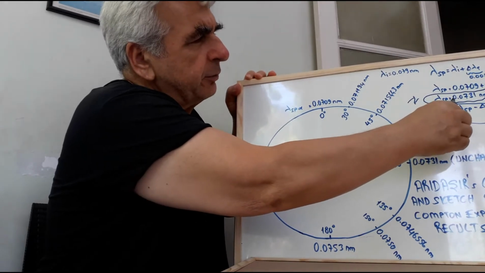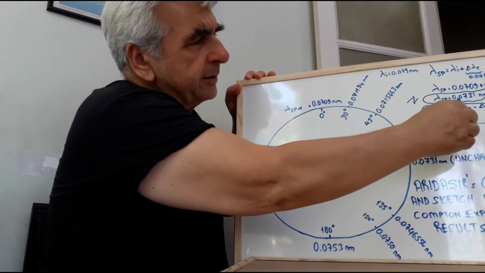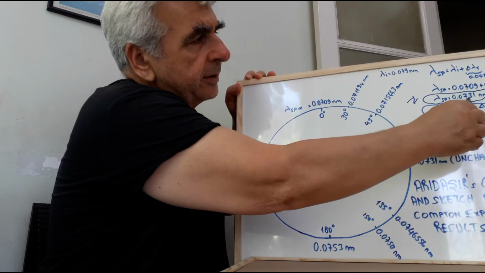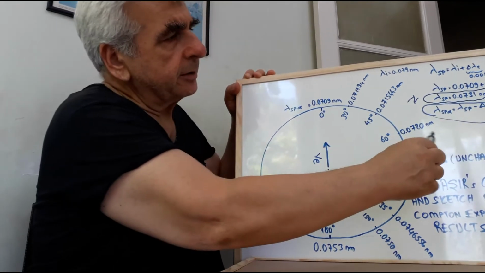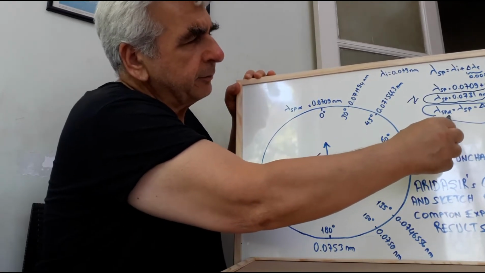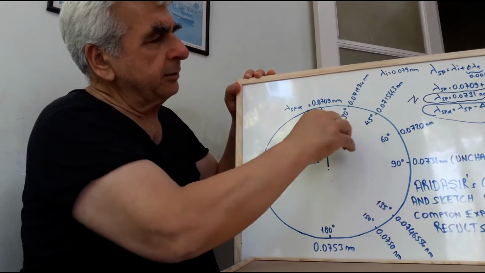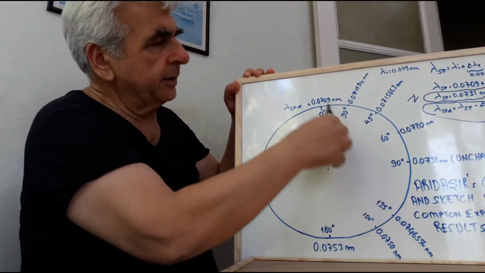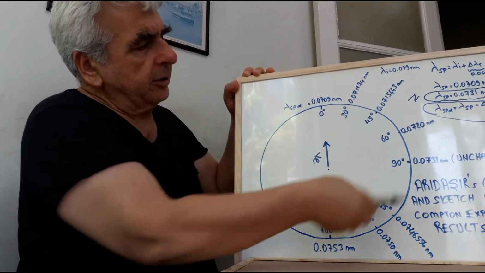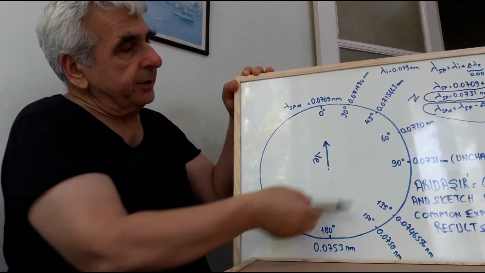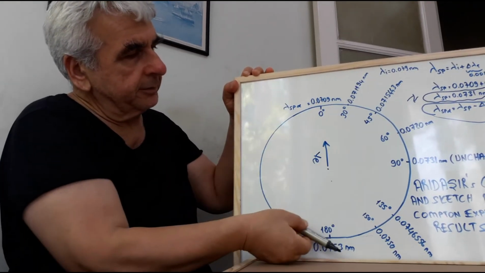Lambda Sp is equal to, as normal, 0.0731 nanometer. Now it will change relative to angles. I computed these figures like this.